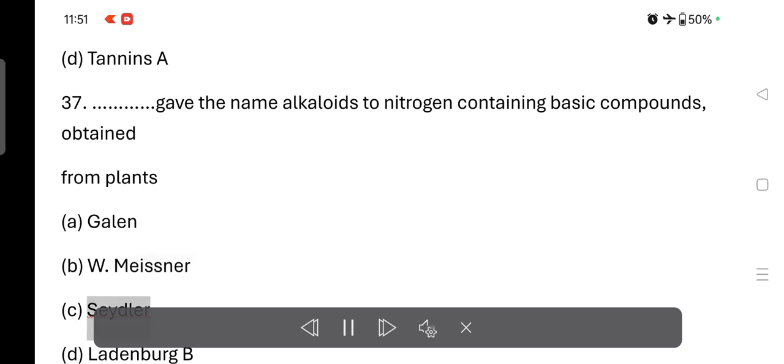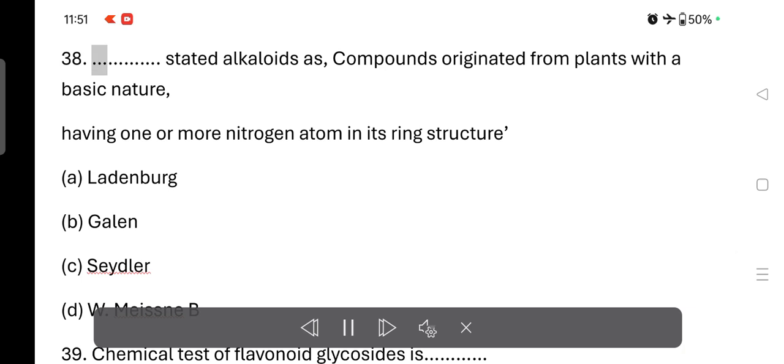C. Seidler. D. Ladenburg. Answer: B. 38. Stated alkaloids as compounds originated from plants with a basic nature, having one or more nitrogen atom in its ring structure. A. Ladenburg. B. Galen. C. Seidler. D. W. Meissner.